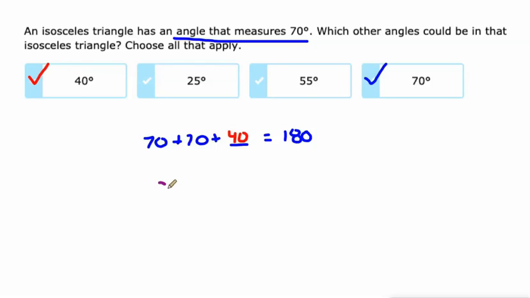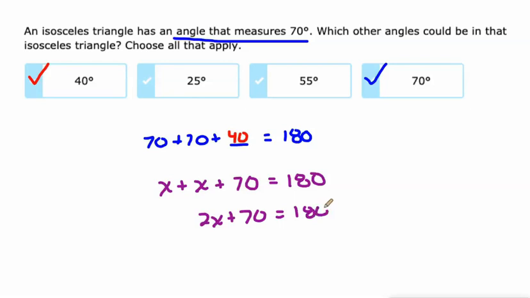The other thing we could have is two equal angles and that 70-degree angle that add up to 180. So let's simplify that equation. And then let's subtract 70 from both sides.